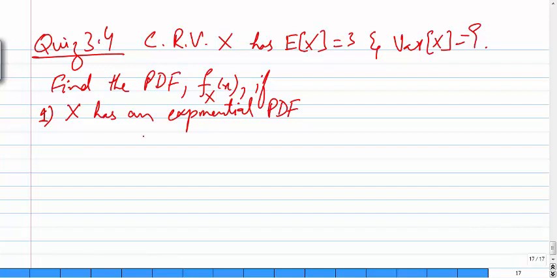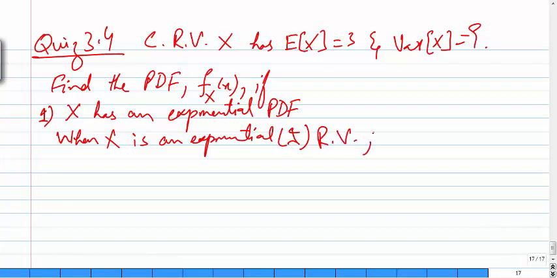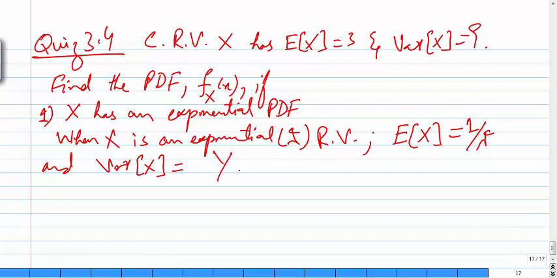As you know, for an exponential PDF, when X is an exponential lambda random variable, then the expected value of X is equal to 1 over lambda, and the variance of X is equal to 1 over lambda square.